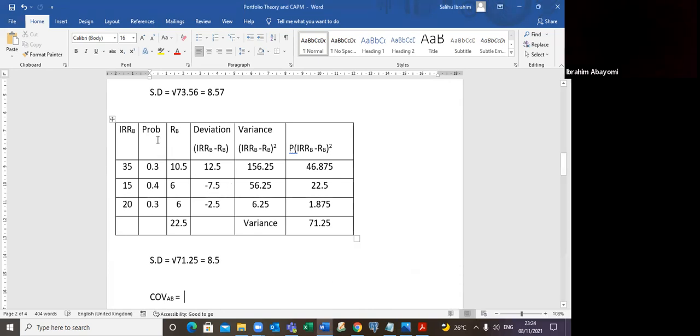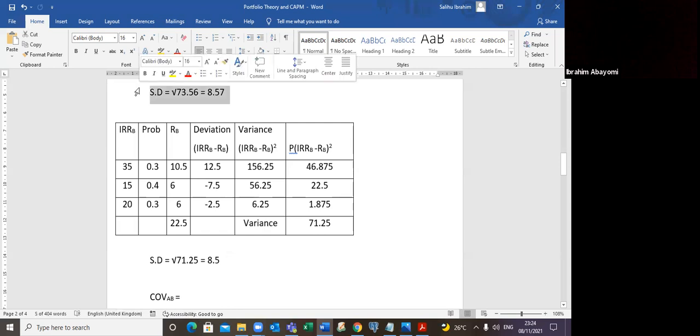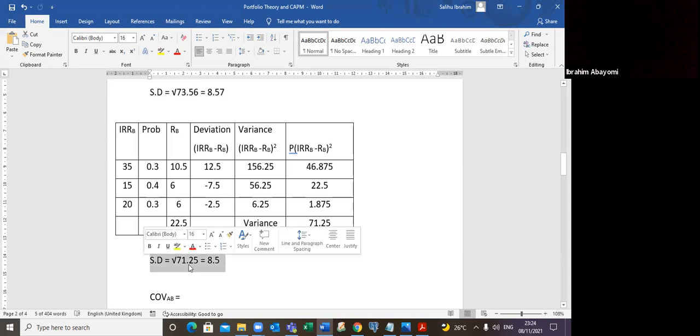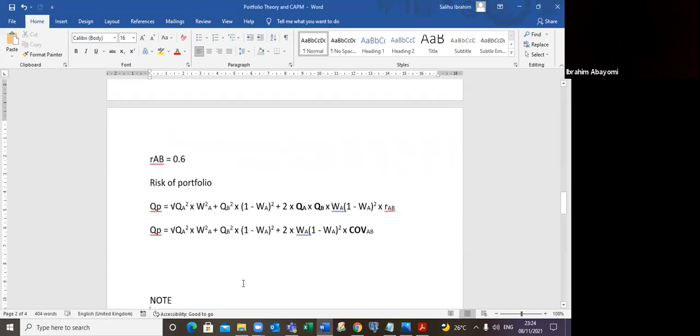So this is B. This one we computed yesterday, 8.5, is the standard deviation for A. For A is 8.57. For B is what? 8.5. So that's what we use there.